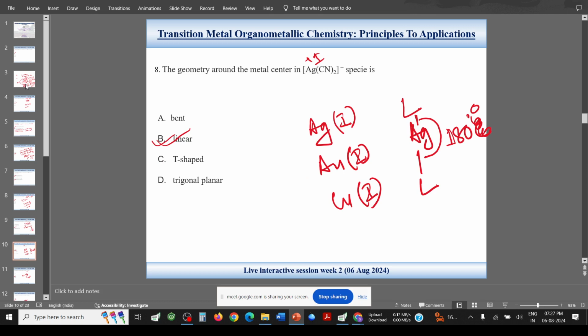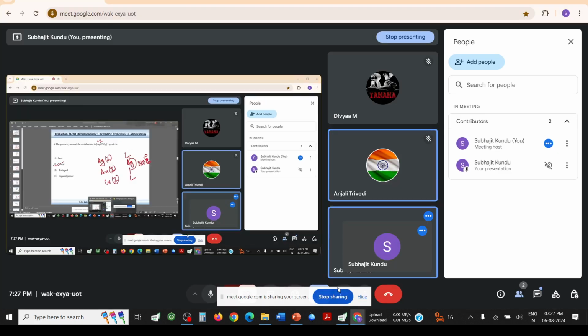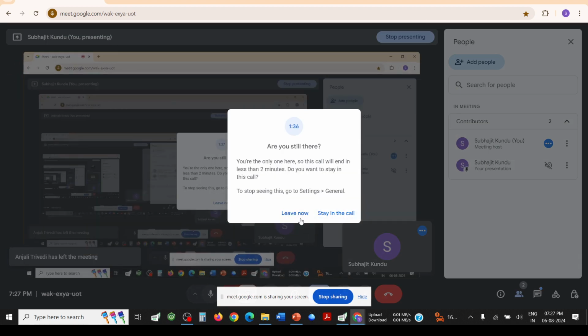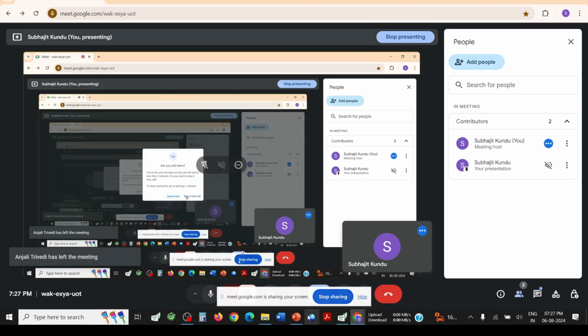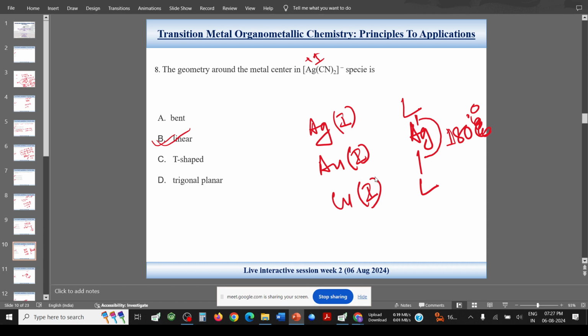We came to know that copper, silver, gold in their class 1 oxidation state generally form linear complexes, and sometimes we also observe a little bit of deviation from this.